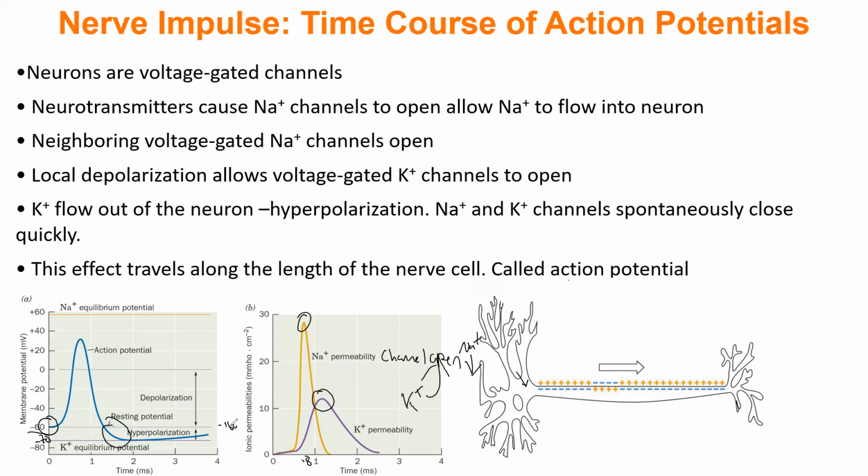It looks like it's taking about 3 to 4 milliseconds before your neuron is reset. And when the sodium is open, your cell goes to like +30. So it goes from -60 to +30. That's a huge change. And that is how your neuron works.